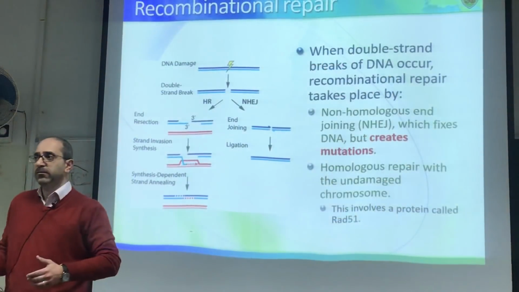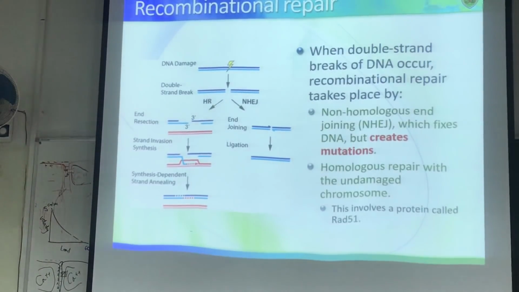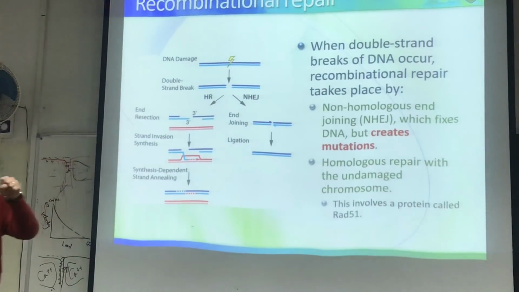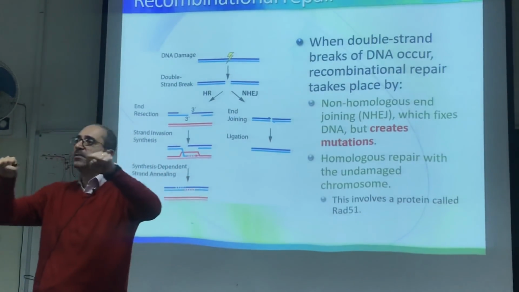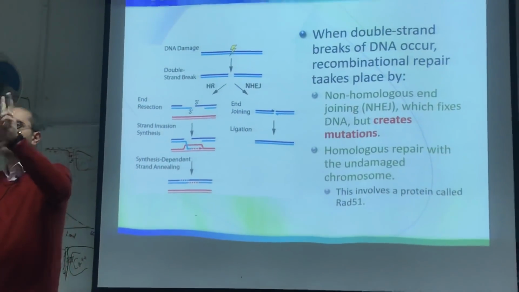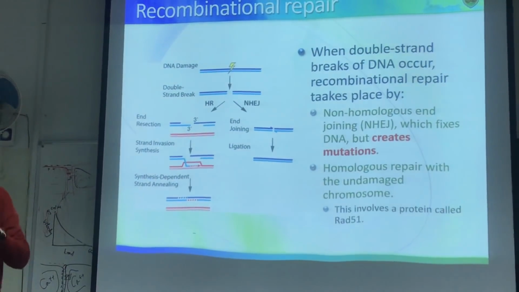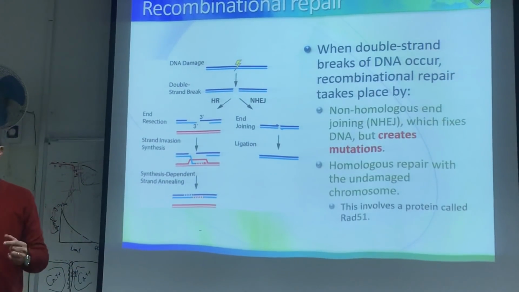There is another system. It's a recombinational repair system, which means if you have, let's say, damage in the DNA whereby the phosphodiester strand is broken into two pieces, they must be fixed. And they are fixed via one of two mechanisms that involve recombination.